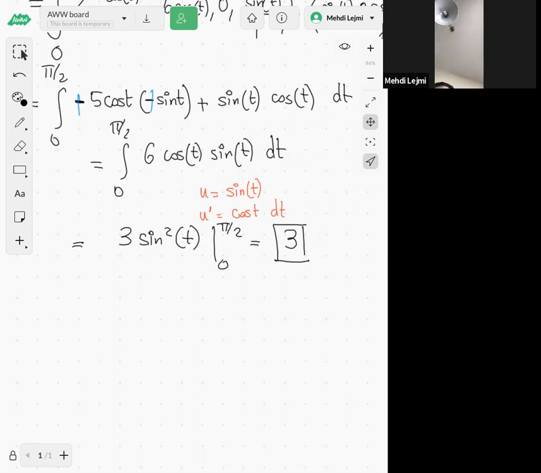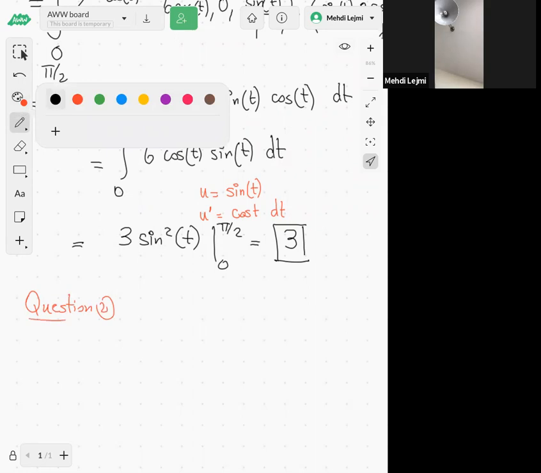All right, now let's answer the second question. The second question was, if your vector field is conservative, how can we find this potential function f, right? So I'm going to do a couple of examples. So question number 2, let me write it down.